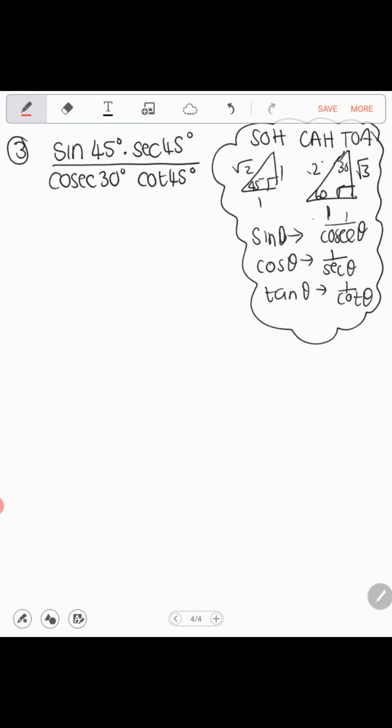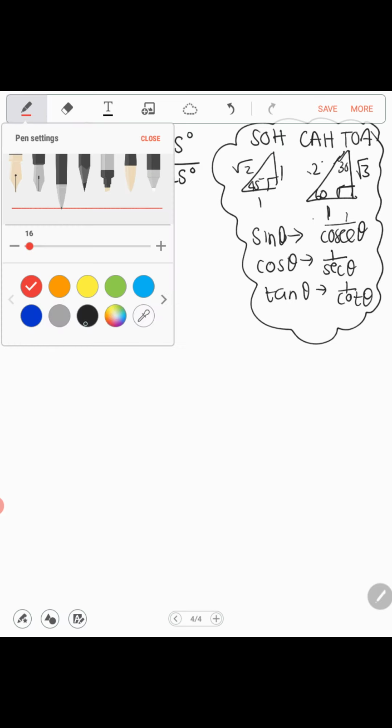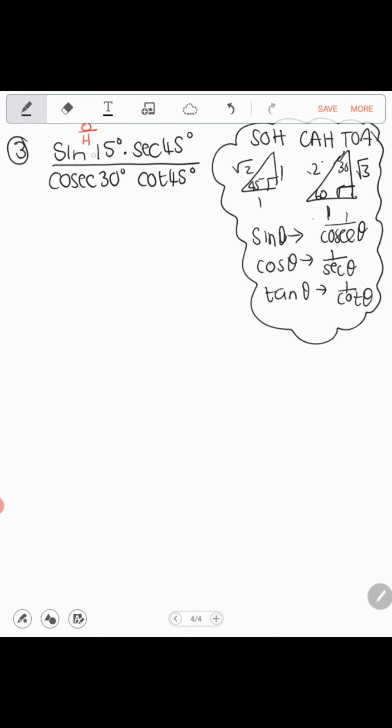Okay, so let's start. Sine. Well, sine is opposite over hypotenuse. So in the 45-degree triangle, 1 over root 2.